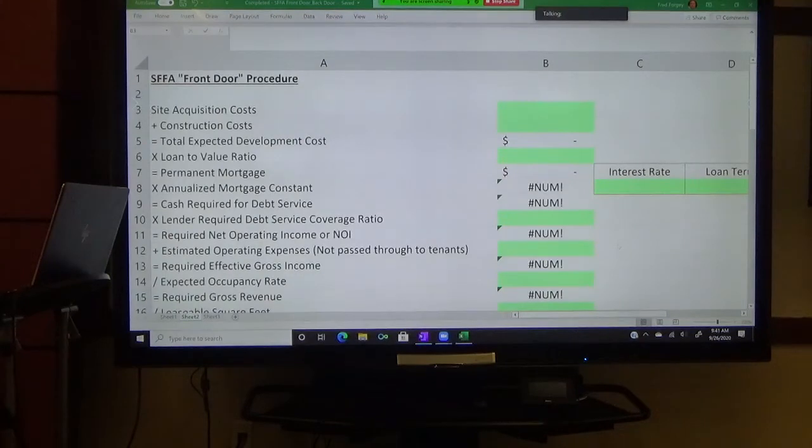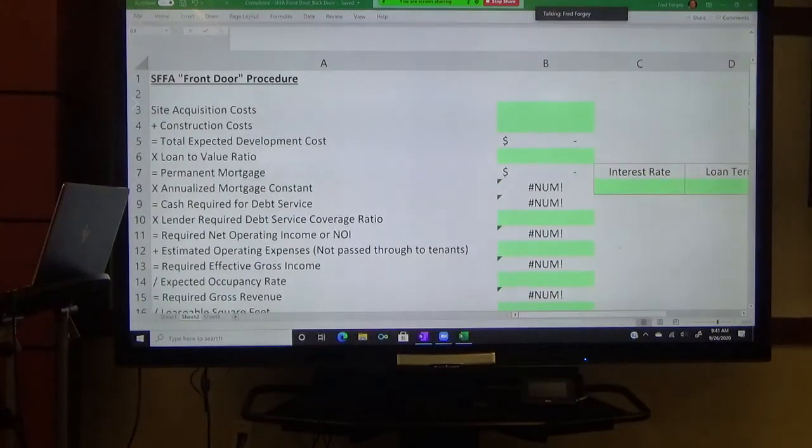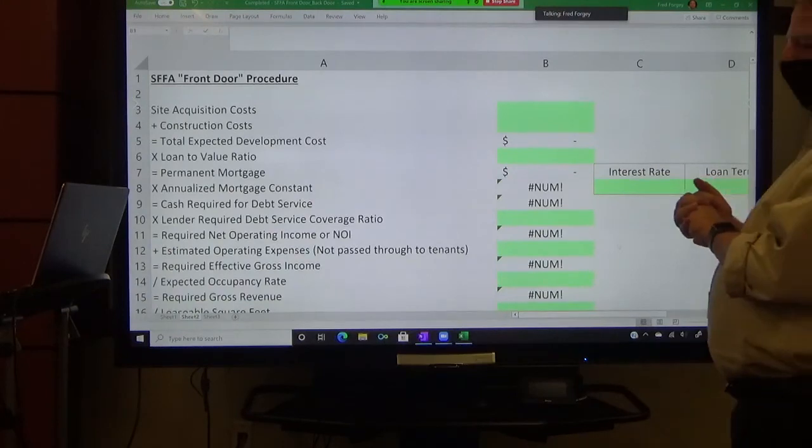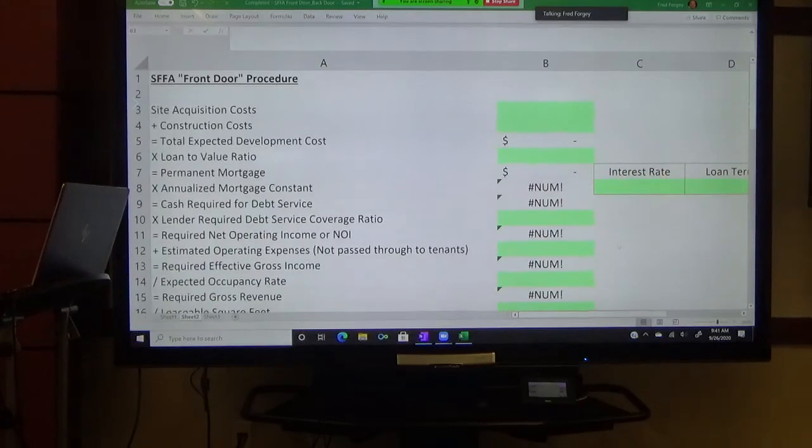Okay, let's go ahead and get started. In my opinion, this is probably the number one most important thing to walk away with out of this program. This is the sort of thing in terms of doing basic, simple financial feasibility analysis and looking at every single project using this kind of front door, back door approach, which we'll be explaining as we go through it, is absolutely mission critical.